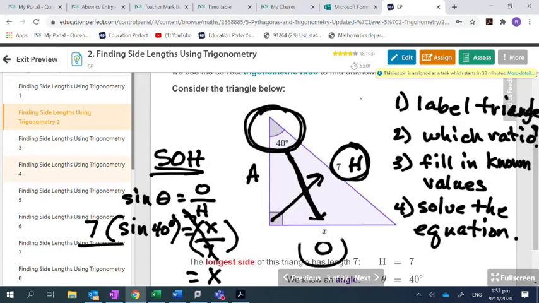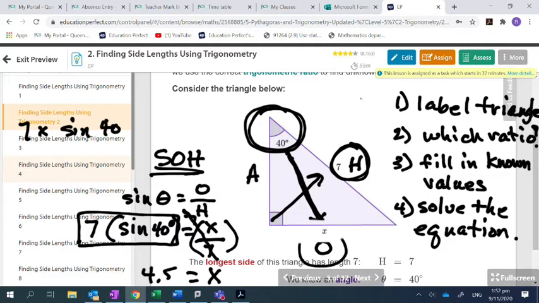On this side, I have to multiply these two things together. So all we're going to do is just put that in your calculator. You're going to put 7 times, then you'll find your sine key, and put in 40. And that's going to give you a value. Everybody have your calculators? It's 4.5.